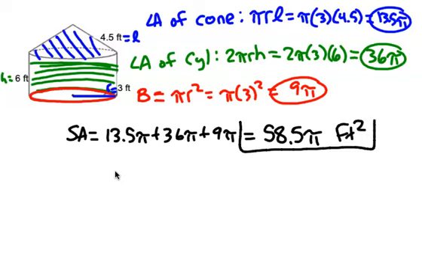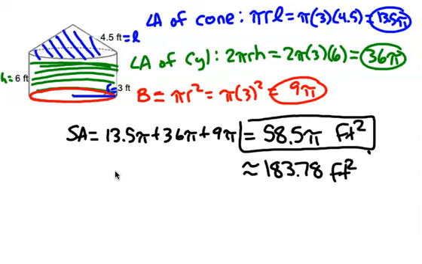That's our exact answer. We could do that times pi and get an approximation, 183.78 square feet.